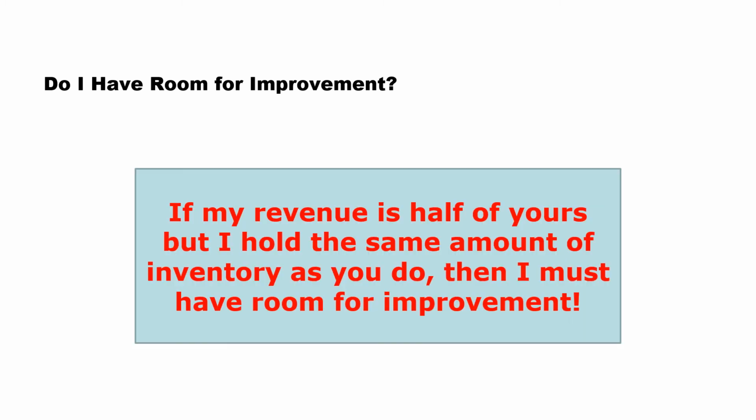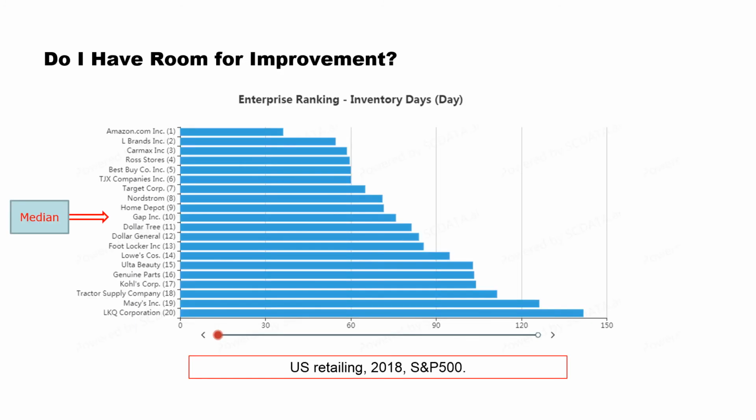The answer lies in benchmarking. Specifically, if my revenue is half of yours, but I hold the same amount of inventory as you do, then I must have room for improvement. Let's again look at the examples of the U.S. retailing. Specifically, let's look at Amazon versus Macy's. Both are S&P 500 companies in the U.S. retailing in year 2018.